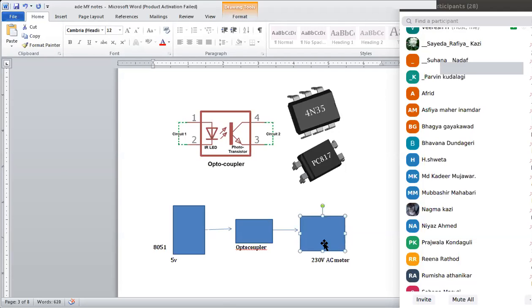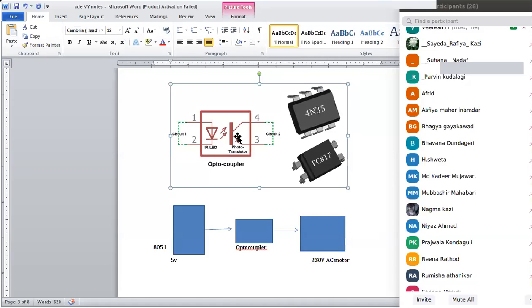Okay, during this time, if something goes wrong in the AC motor, say a short circuit happens in the AC motor, then what will happen? That will affect the phototransistor, correct? But the phototransistor is acting like an output here. It will not accept input.